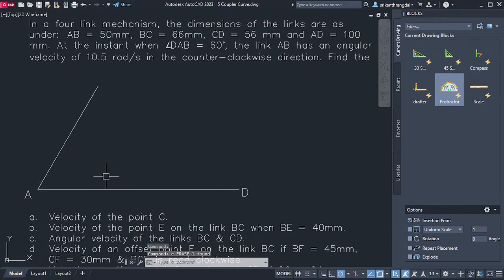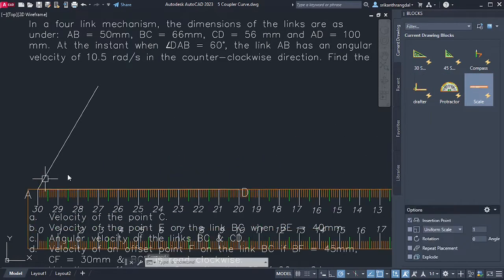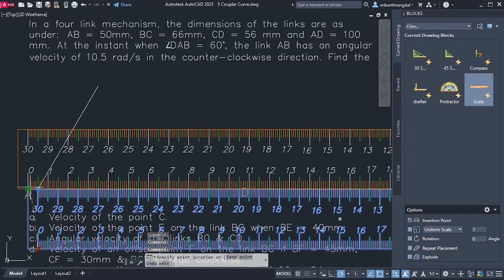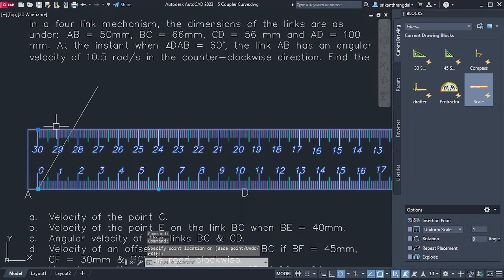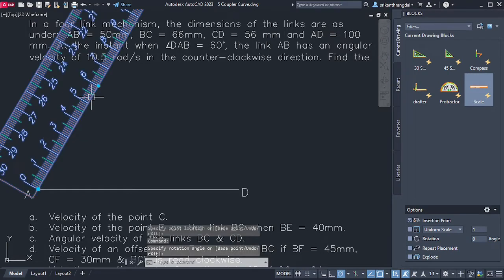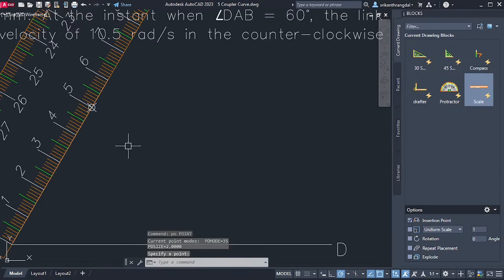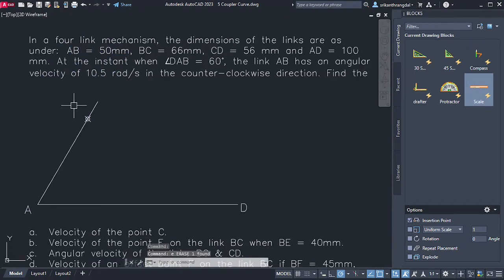And the length that we need here is exactly 50 mm. So take a scale, rotate it here, and take the measurement of 50. Fine. So this point over here is our point B, capital B, of course.